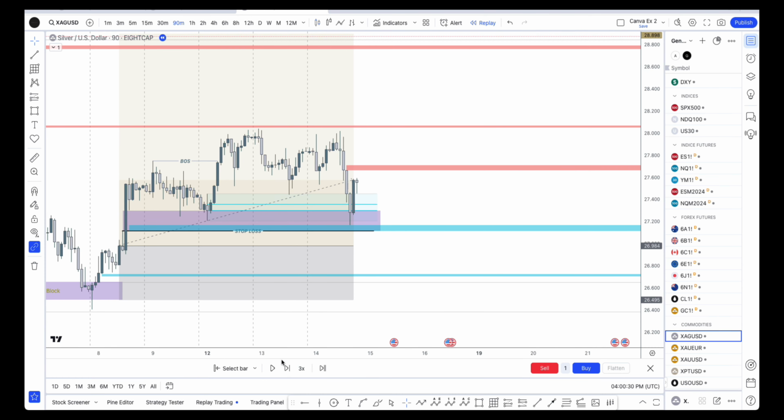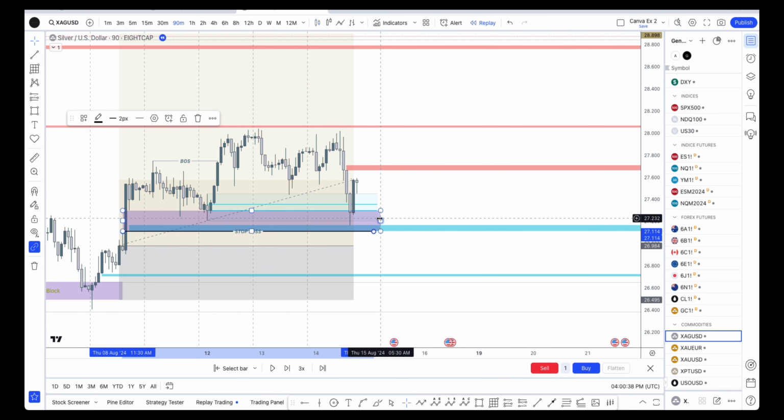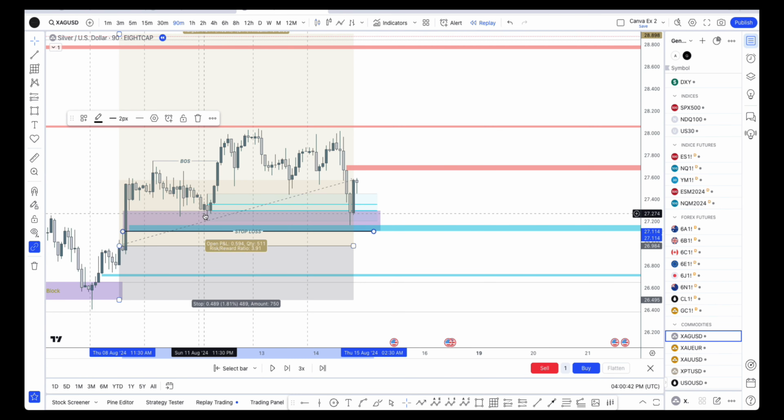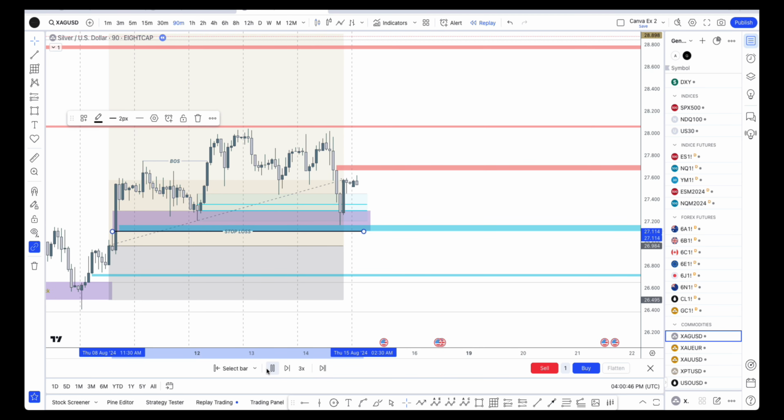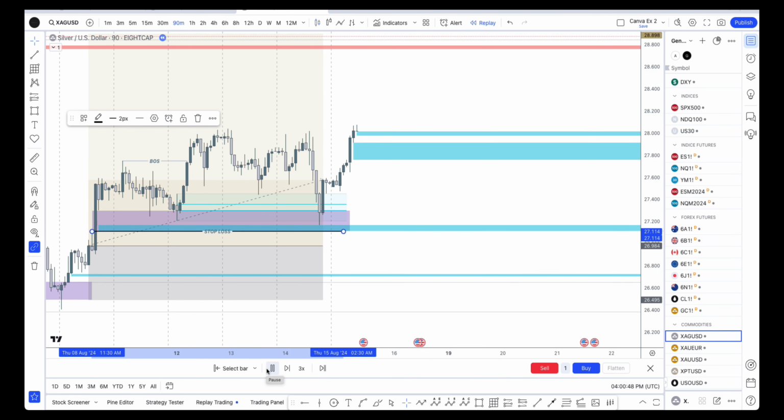Now imagine if I would have moved my stop loss under this low. Now the reason why I kept it under this fair value gap is just in case price does decide to come back and tap into it, just in case. So we're gonna let price keep doing its thing.